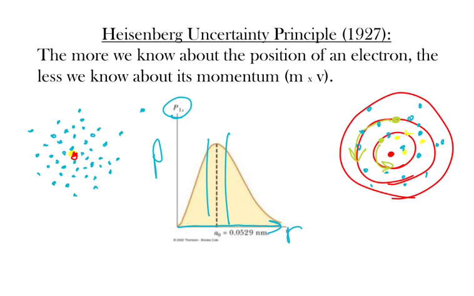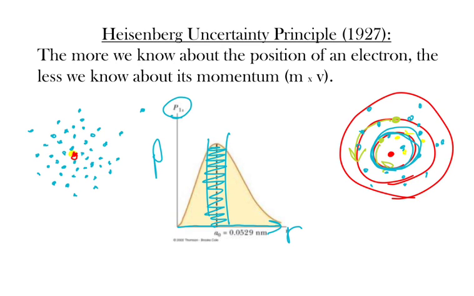Basically, that means energy levels exist, but they're not really the very strict little lines or radii that we would have imagined with Bohr's model of the atom. Instead, all we can really tell is where we are most likely to find the electron at any given point in time. And that would be like the peak on this little probability graph.